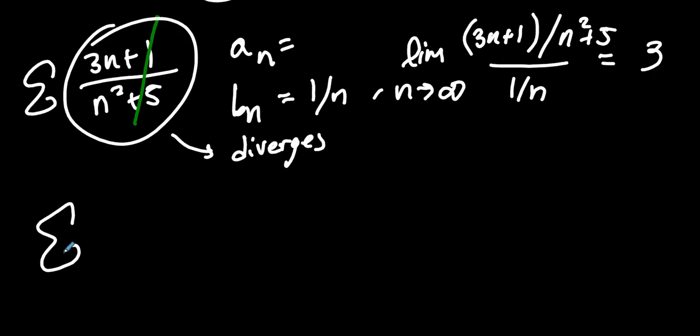Stuff you can integrate. Usually they do not come with factorials or any other type of special thing that's difficult to integrate. So here we have the sum of 1 over n ln n.